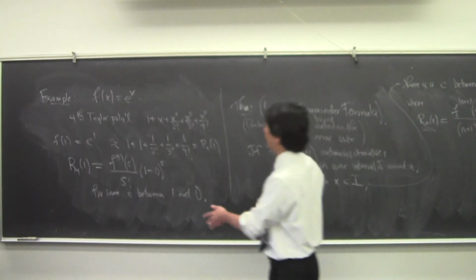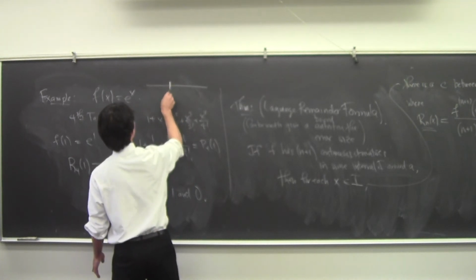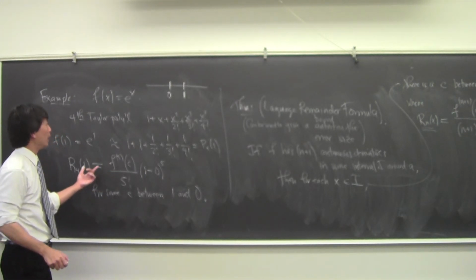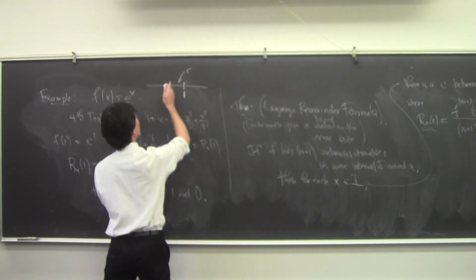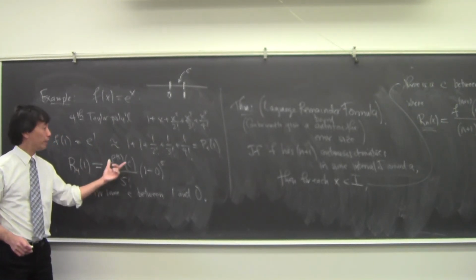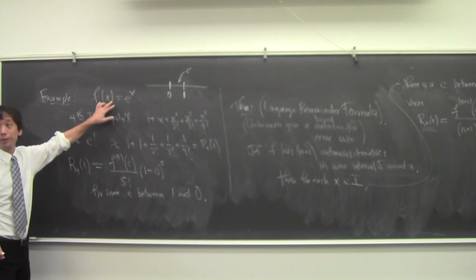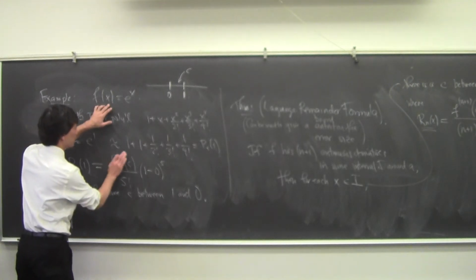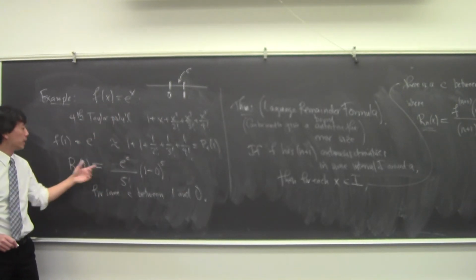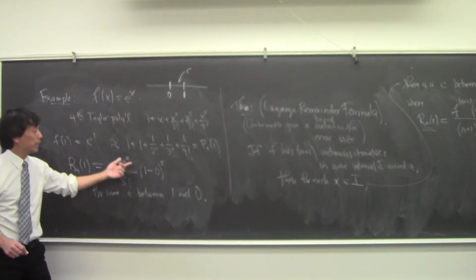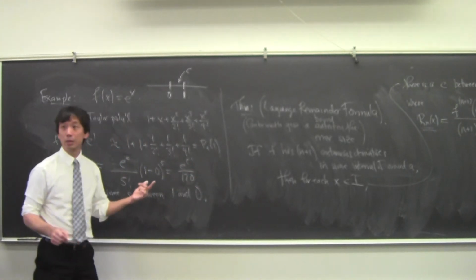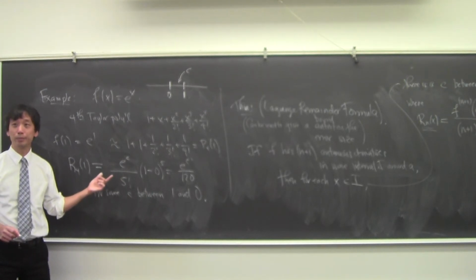Here is 0, here is 1, and the remainder formula says there's some point between 0 and 1 where the remainder equals the fifth derivative evaluated at that point. For this function we know the fifth derivative, it's just e to the x. So the remainder is going to be e to the c over 5 factorial.